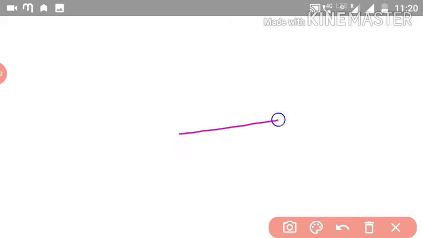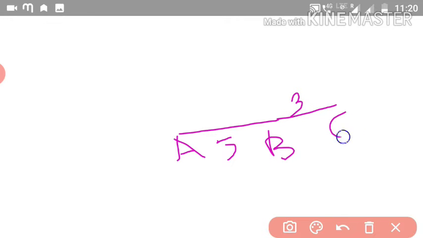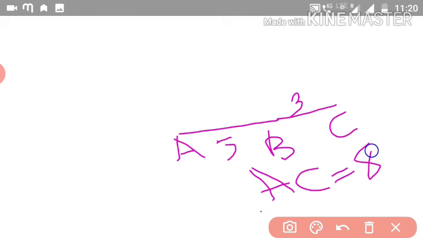Now what is given in the question? AB is equal to how much? 5 centimeter, isn't it? Suppose this is A, B. Now again BC is given how much? 3 centimeter. This is 5 centimeter and this is 3 centimeter. Then again AC is equal to 8 centimeter. Now which one is in the middle of the other two?